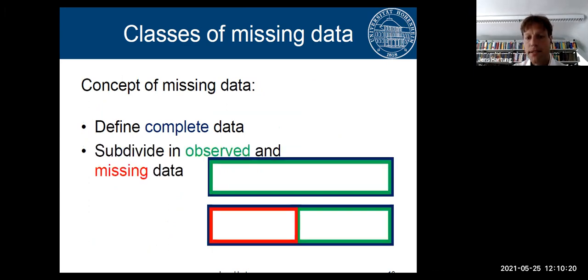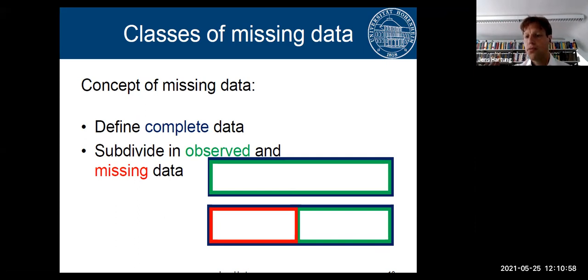Then we can divide the data into 2 parts. Green is the observed data. Obviously, we have all data in the first year. In the second year, we have only a part of the data observed, a part of the genotypes, and the red part is missing. We have the genotypes on the x-axis and the years on the y-axis, and you see that roughly 50% of the data is missing in the second year.